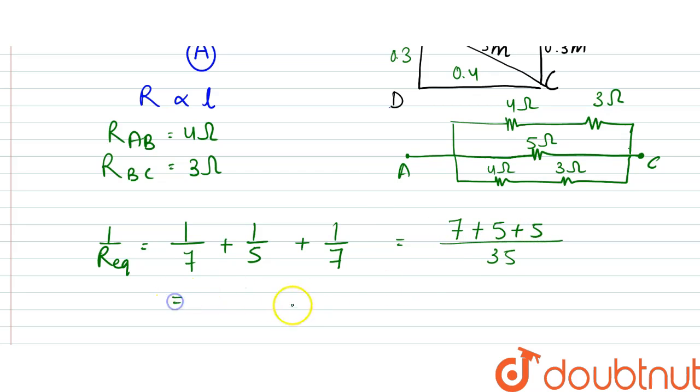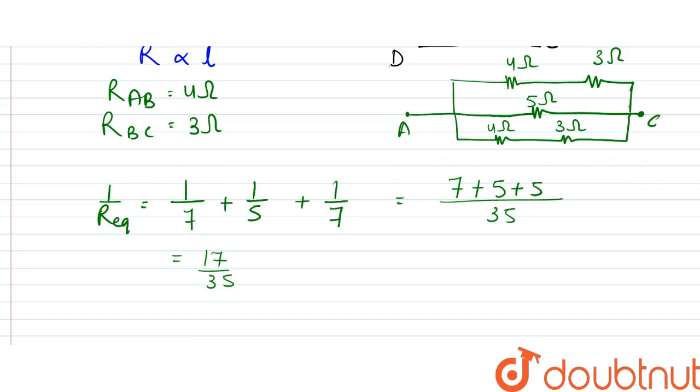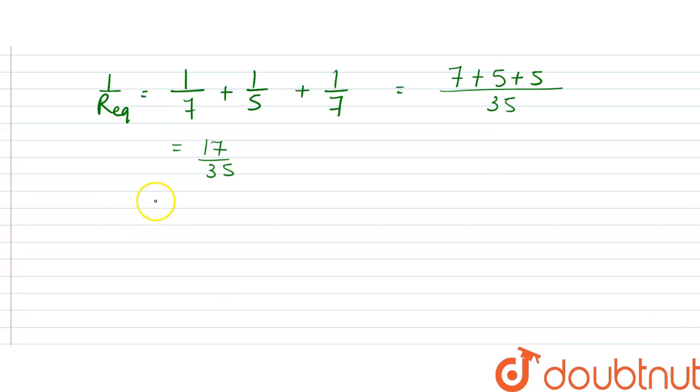So that equals 17 by 35 ohm inverse. So R equivalent turns out to be equal to 35 by 17 ohms. This is the equivalent resistance across AC.